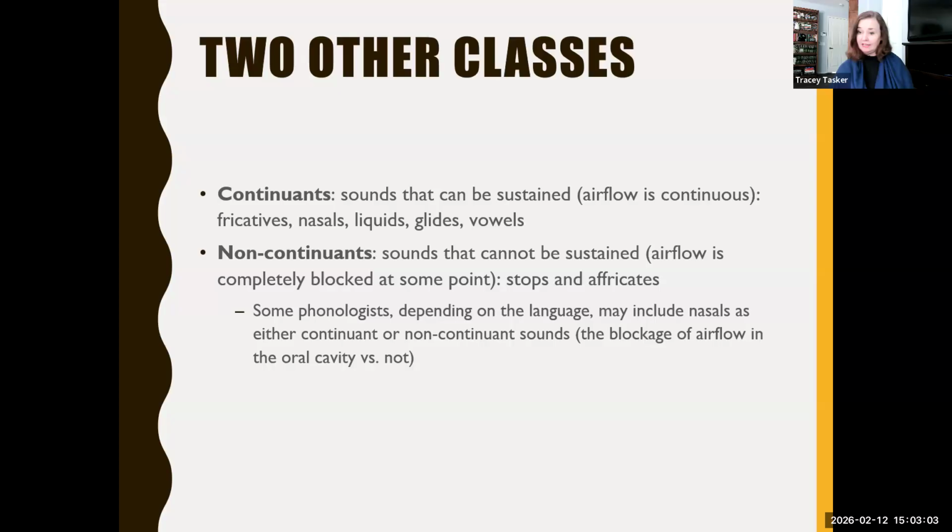So you can sustain the sound for a long time. If you think about somebody singing la la la la la, right, you can sustain that sound. Non-continuant sounds can't be sustained. So if you think of a stop, you're not able to sustain that for a long period of time.